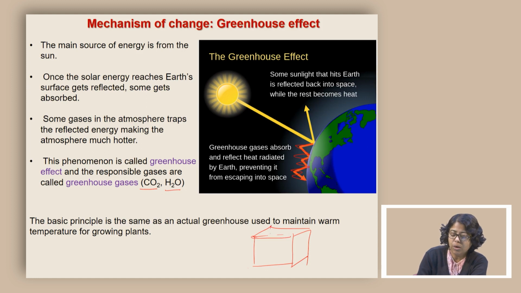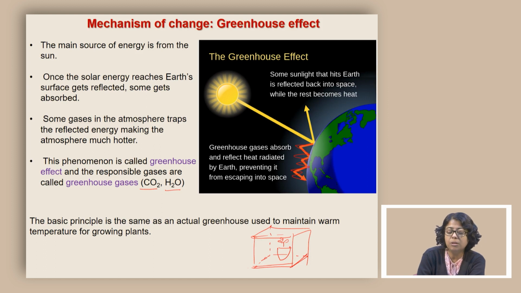Because the outside temperature is very cold, the plants would otherwise die. If kept in this glass house, they grow and flourish because of the extra heat trapped inside the glass. This is generally called the greenhouse, and taking that analogy for the atmosphere, this phenomenon is called the greenhouse effect.